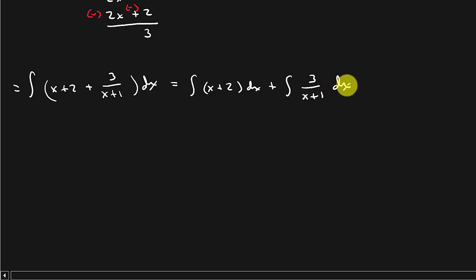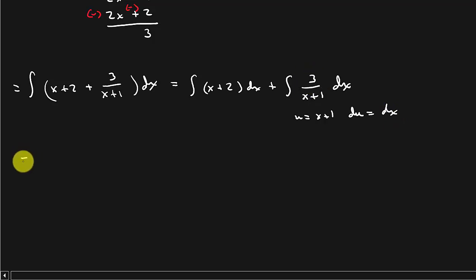So why did I separate them? Well, because on the x and the 2, I don't have to use U-Substitution, but on the 3 over x plus 1, I have to use U-Substitution. And so using U-Substitution on this one, if I let u equal x plus 1, then du is equal to dx. And notice I don't need the 3 there. You see that? I don't need that 3.